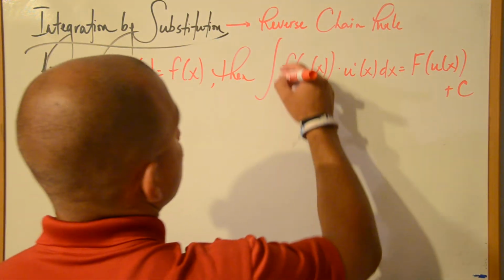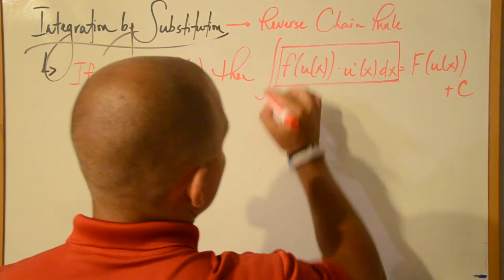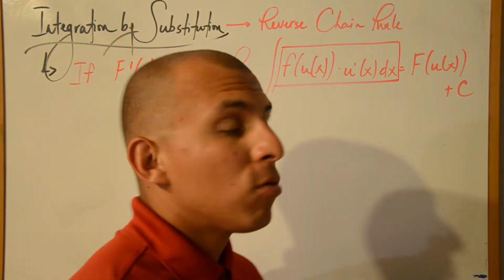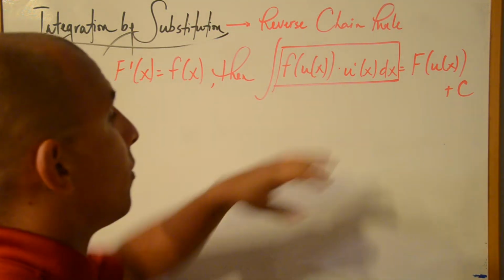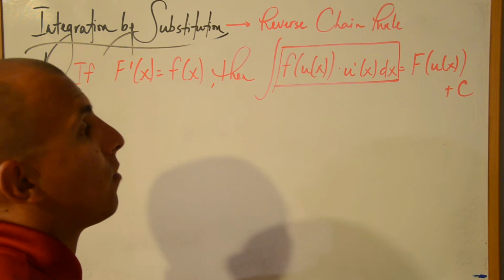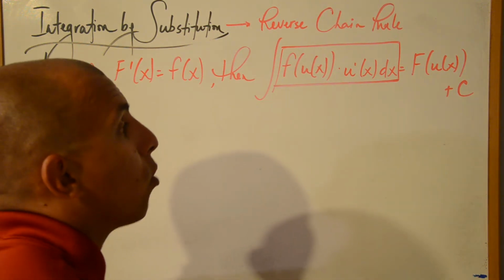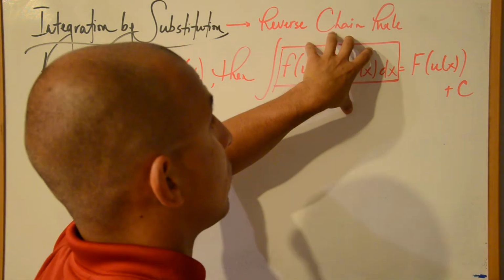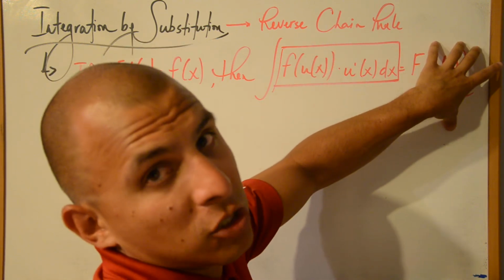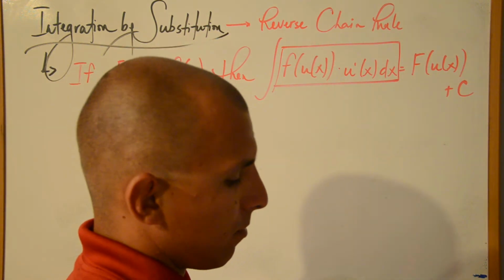Essentially, we need to identify almost visually that a chain rule exists with the functions that we've been given, or we need to be able to create a chain rule within our integrand. That way we can just apply the antiderivative.